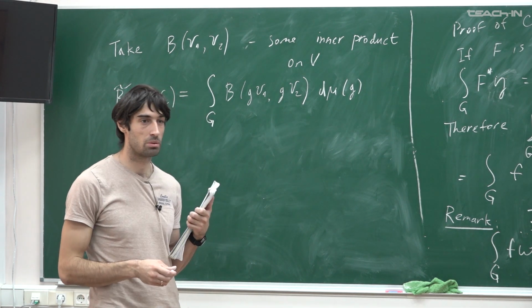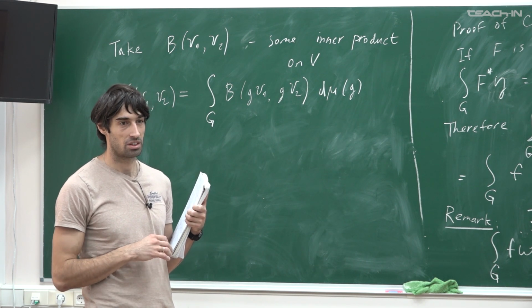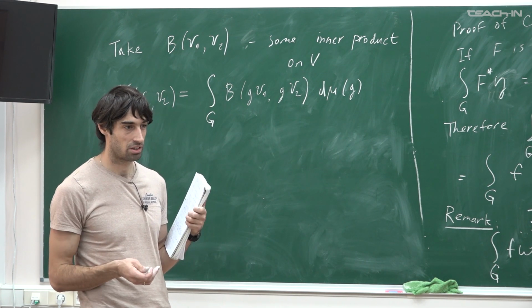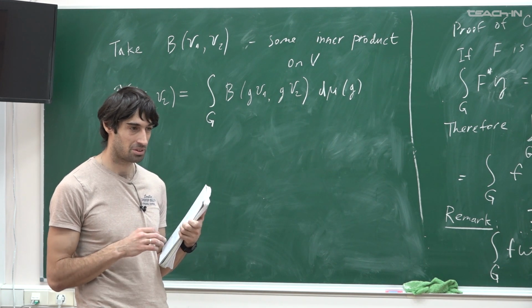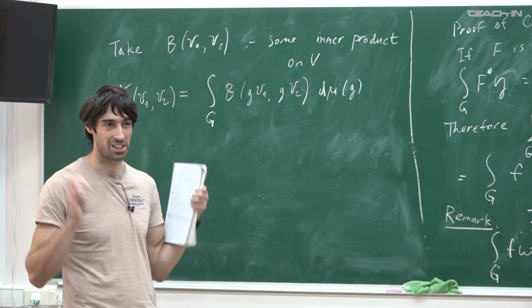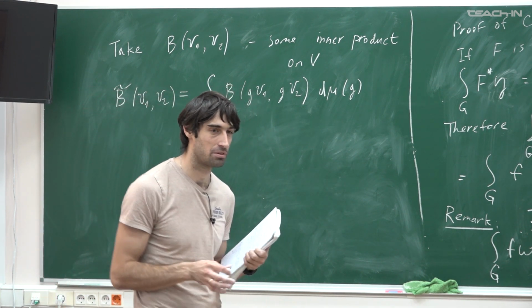And by the way, we shouldn't worry too much that the integral diverges, because our group is compact and this form has no singularities on this group. So we are safe in this.